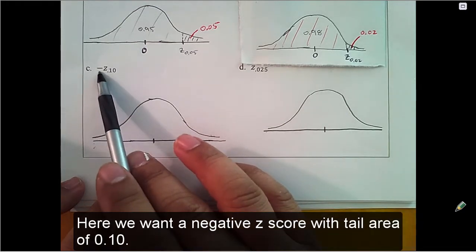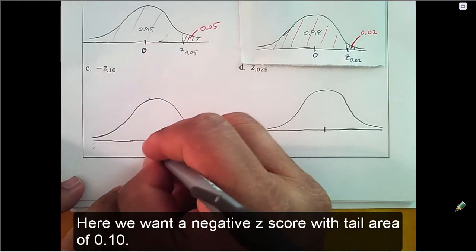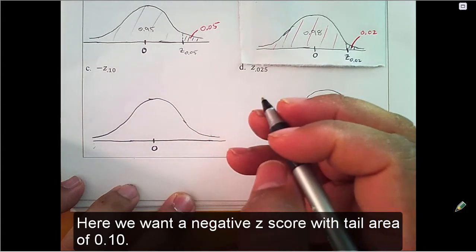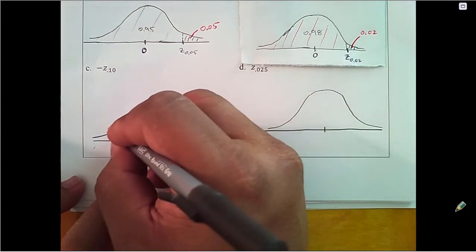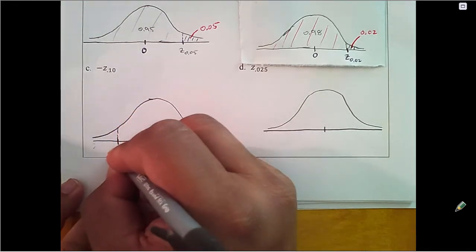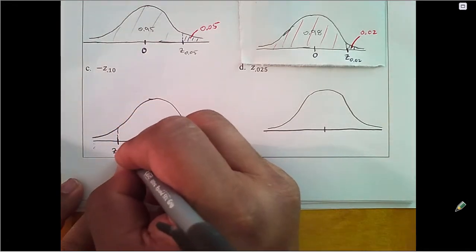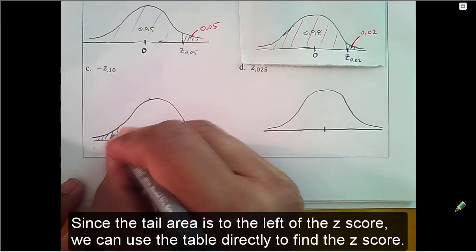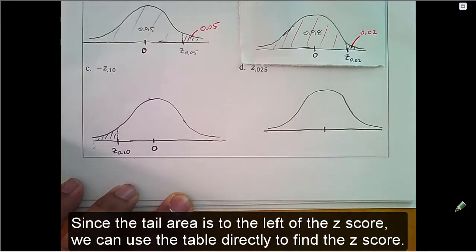Here, we want a negative z-score with tail area of 0.10. Since the tail area is to the left of the z-score, we can use the table directly to find the z-score.